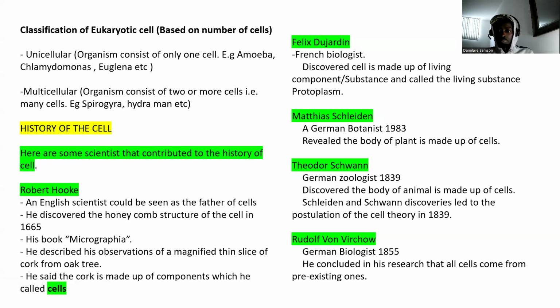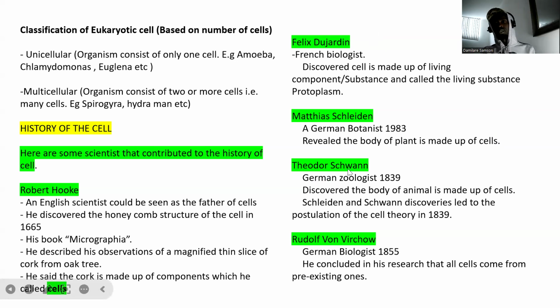Matthias Schleiden, a German botanist, in 1838 revealed that the body of plants is also made up of cells. So he also contributed that, okay, fine, you people are talking about animals, even plants have what? Cells. So that is Matthias coming in there.